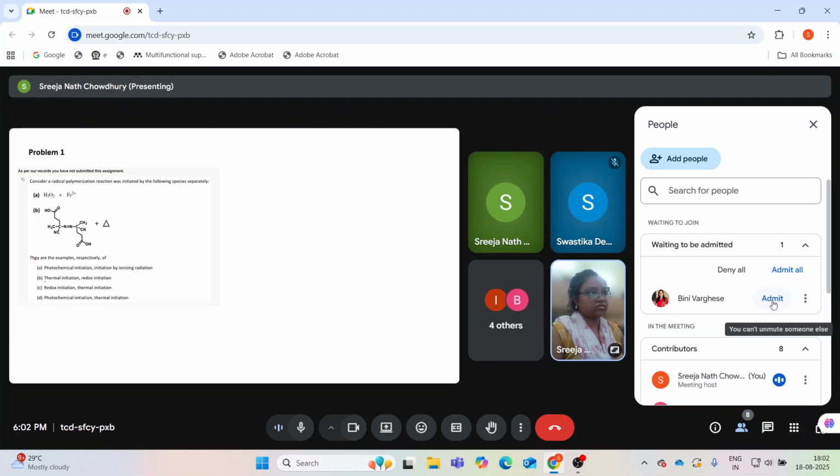The first one can't be a thermal initiation, because in a thermal initiation reaction there should be a heat symbol, and the third option is redox initiator. The first one is a classic example of a redox reaction.